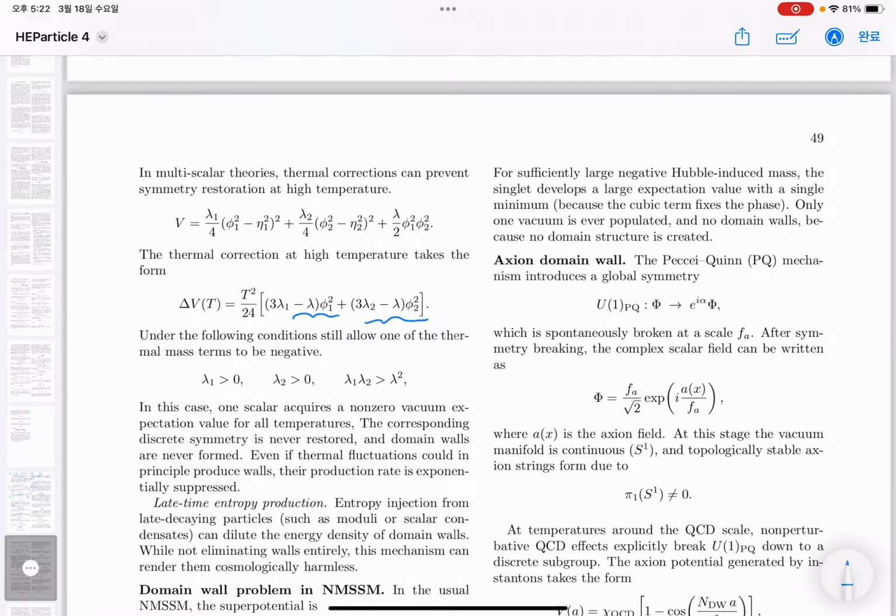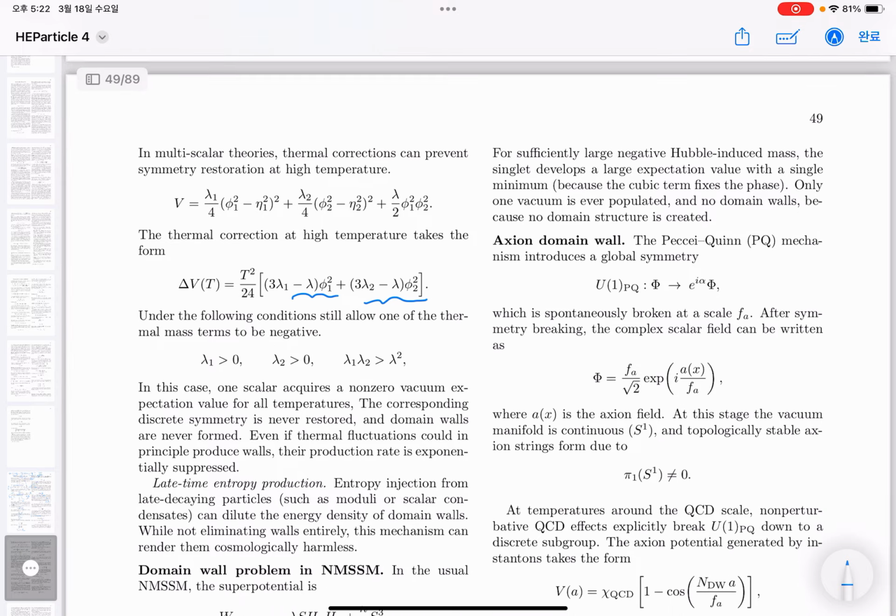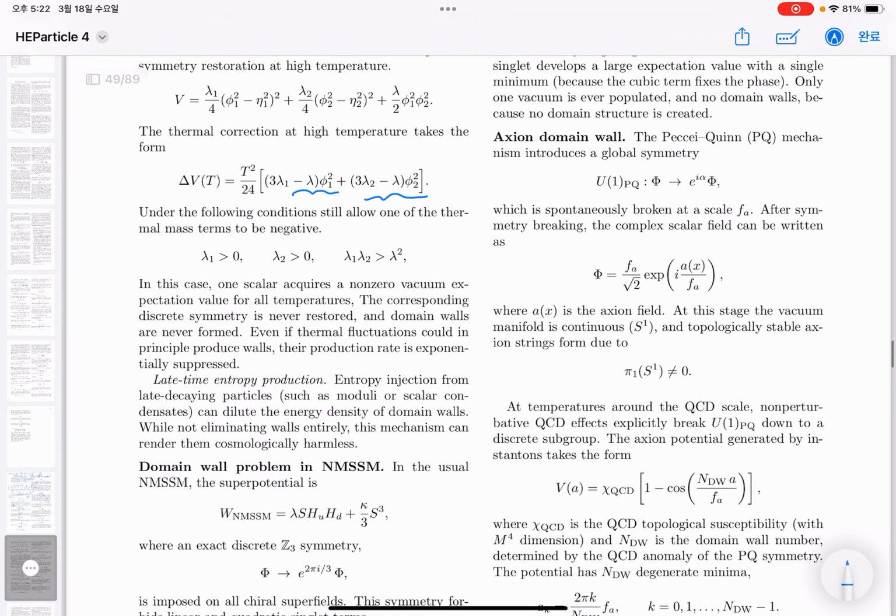So as a result, the symmetry was already broken at the high temperatures, so never restored at the high energy scale. So this makes the domain walls never form in such a multi-scalar theory. This is a typical one, proposed in some new scenario.